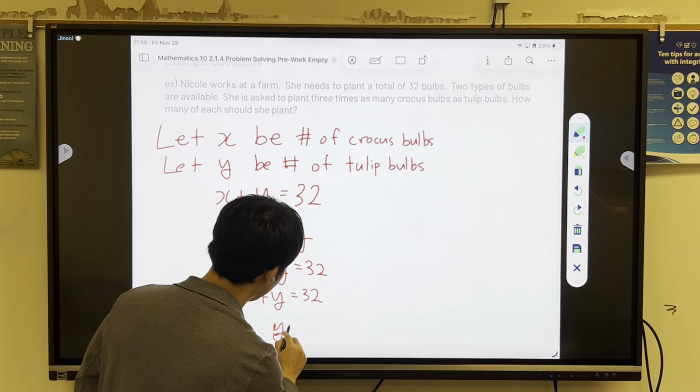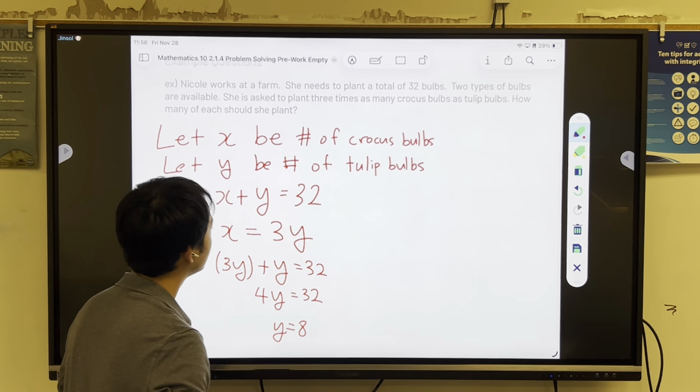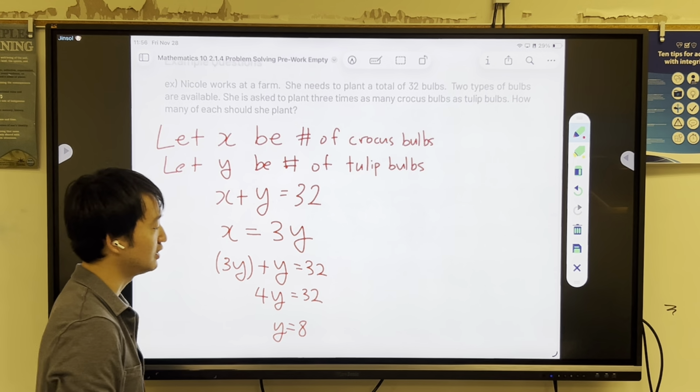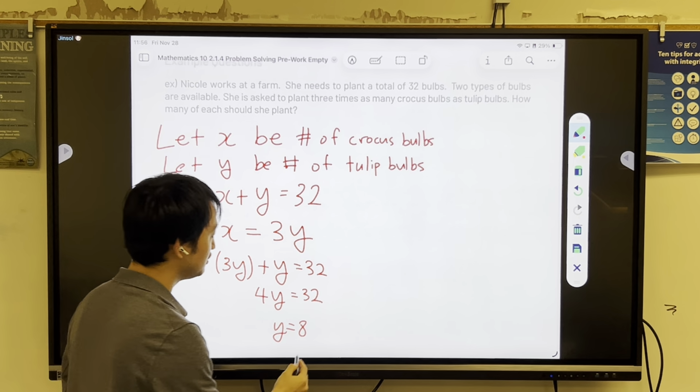So that means y is equal to 8. And I think we can easily deduce that x is going to be 24. Then I can write my final answer: y is 8 and x equals 24.